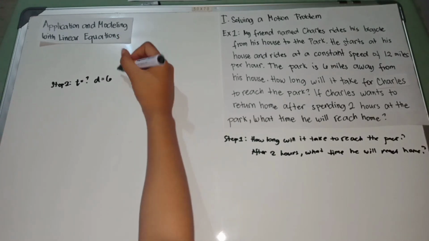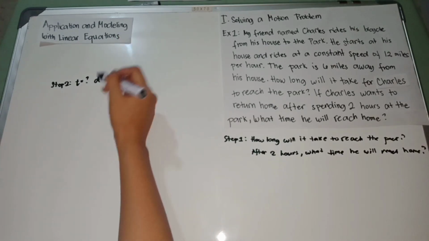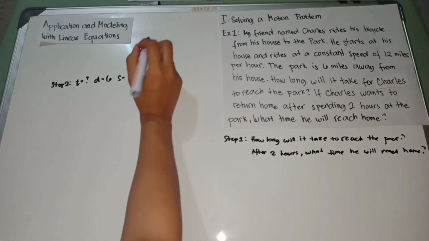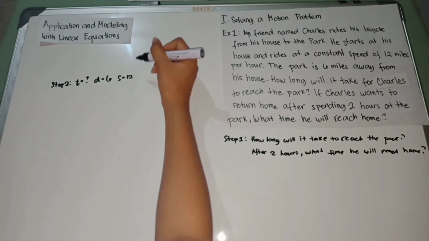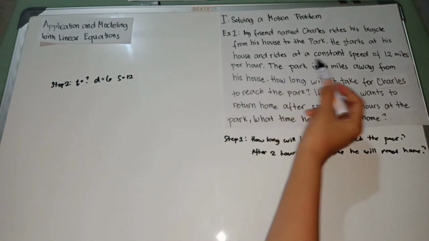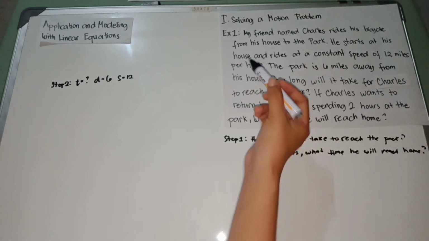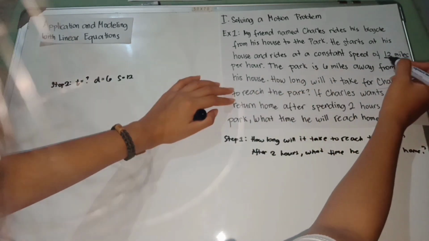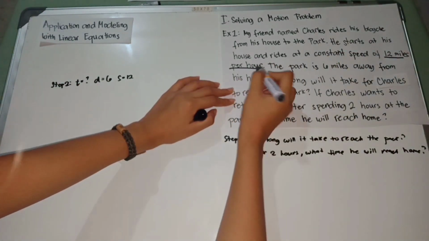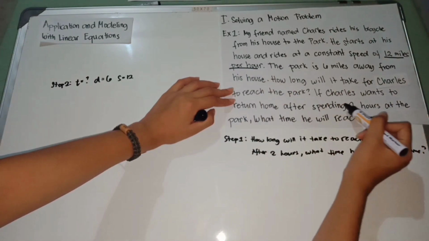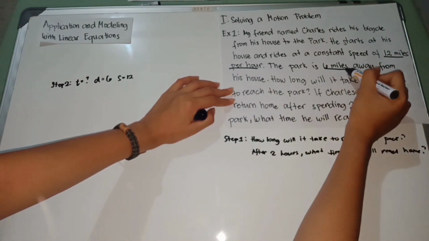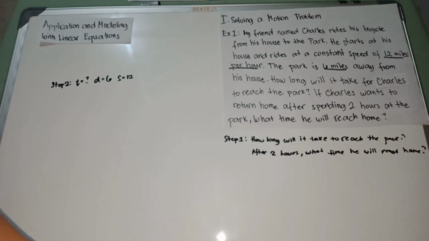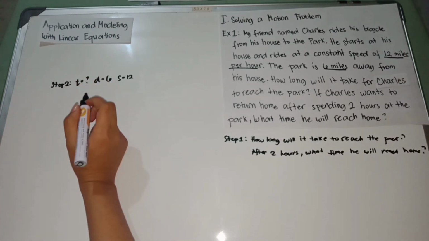For the speed, we have 12 miles per hour. The step 3 is for our equation.